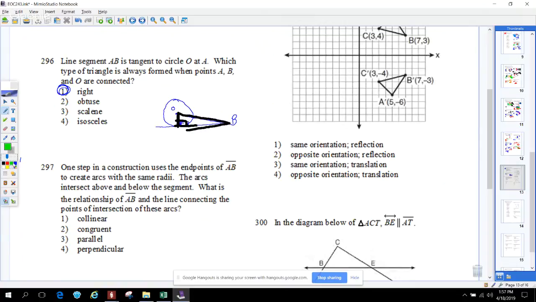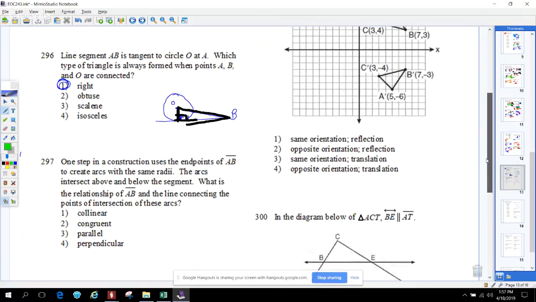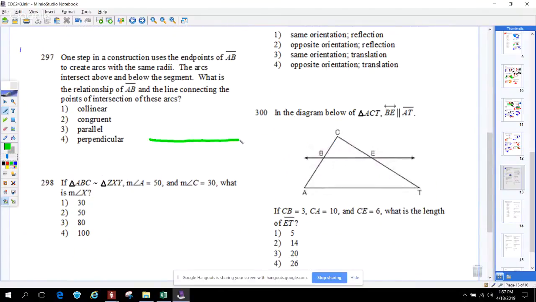Next one. One step in a construction uses the endpoints of AB to create arcs with the same radii. Okay, so we have a line, and it tells you the line is AB. And it says that we make arcs of the same radii and that they intersect.